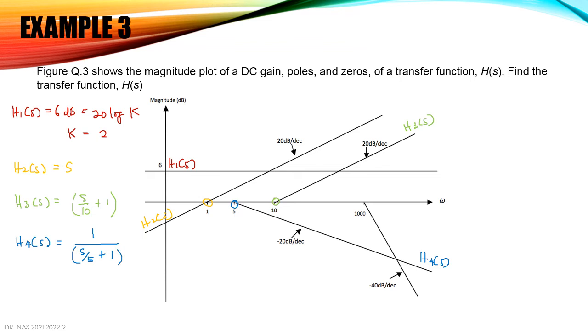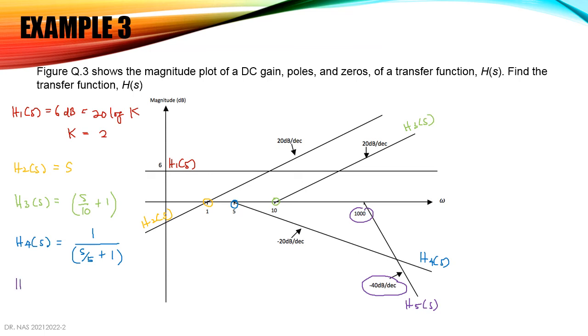Okay, and we have another line, poles at 1000. So we call this one H5(s). But if you notice that it is negative 40 dB per decade line, meaning that you have 2 times the negative 20 dB line.